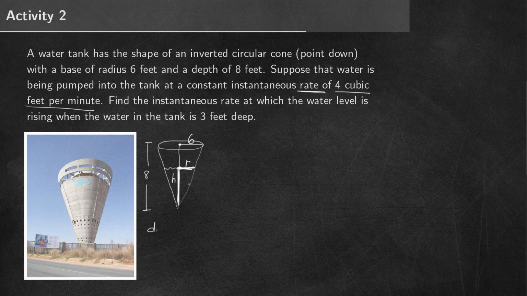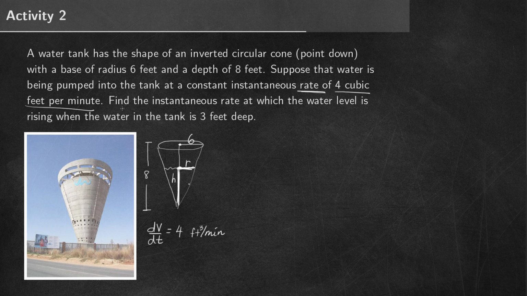So that means dV/dt equals 4 cubic feet per minute. And it tells us that that rate is constant. So it doesn't matter what time t we are at, the rate of change is just going to be 4. So that's the rate that we're given.